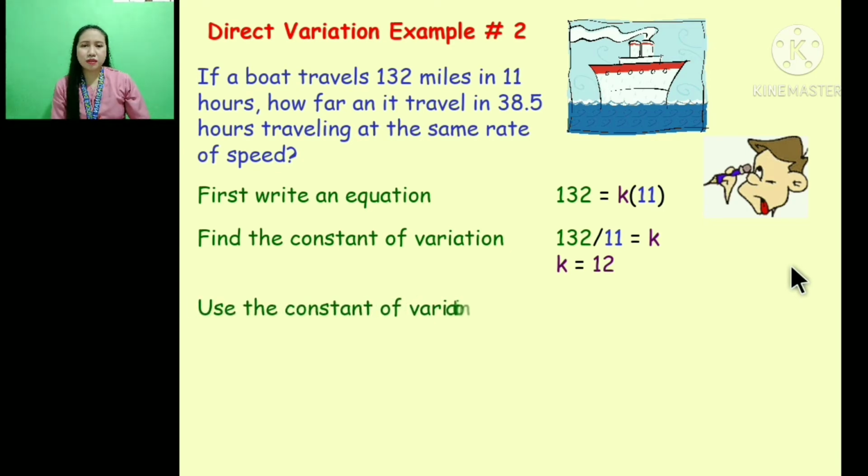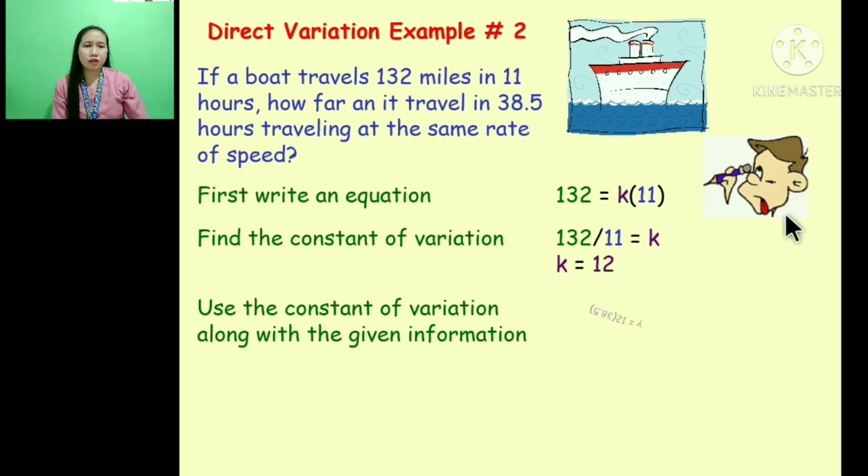Next, use the constant of variation along with the given information. So again, our equation for direct variation is y is equal to kx. Now, we're going to substitute 38.5 hours and the constant.